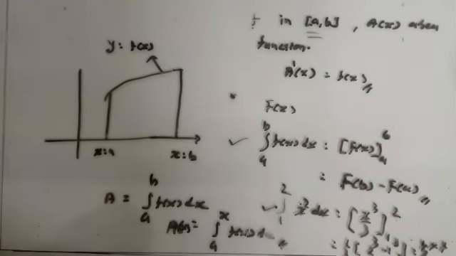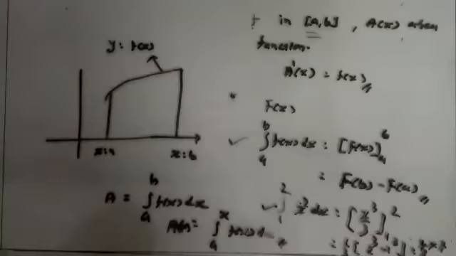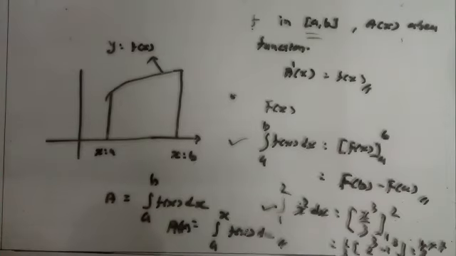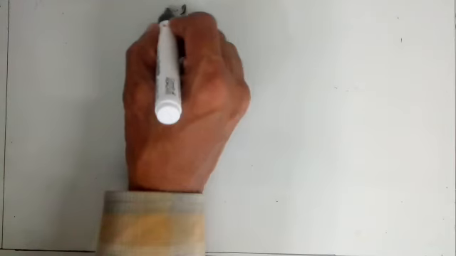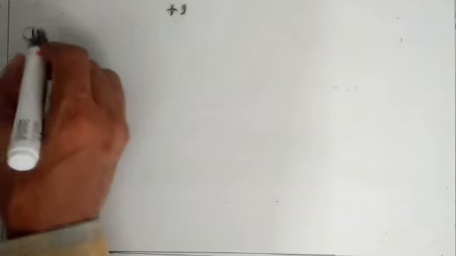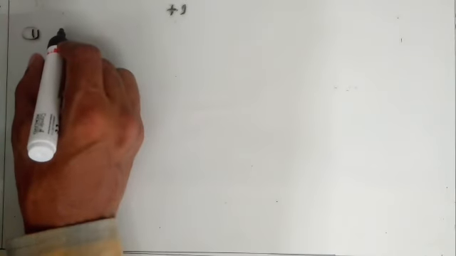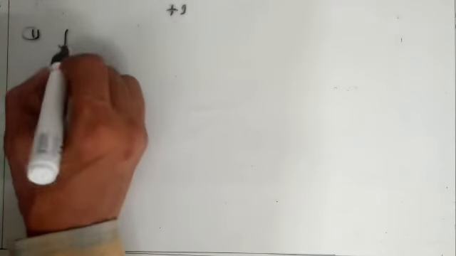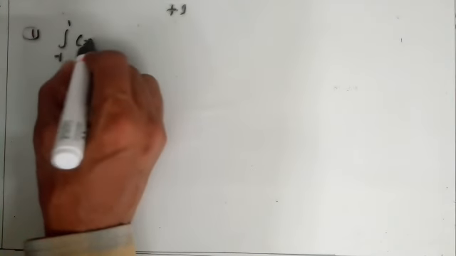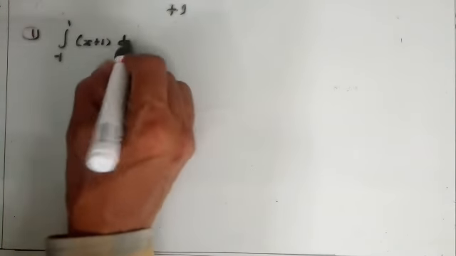Now here we solve some questions of exercise 7.9. First question of 7.9, question number 1. Evaluate the definite integral from -1 to 1 of (x plus 1) dx.